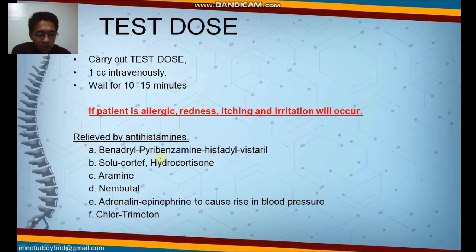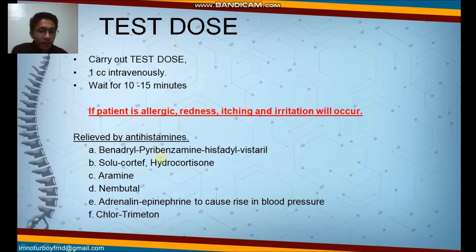It could be that the emergency staff, that means nasa emergency room, the emergency nurse or the doctor will be the one to introduce the 1 cc intravenously towards the patient. Okay, so sila mo yung mag-conduct sa test dose. And then, after 10 to 15 minutes, that's the only time na pwede na dayon mo adto si patient dito sa radiology department.